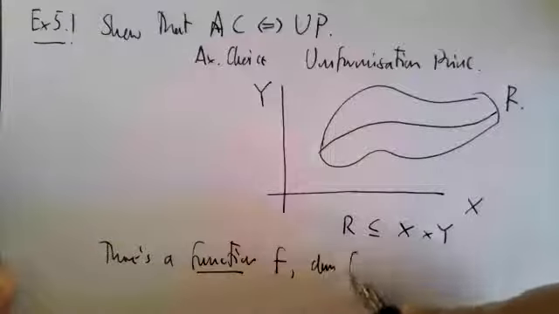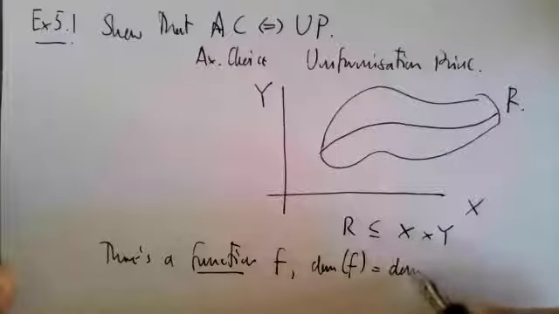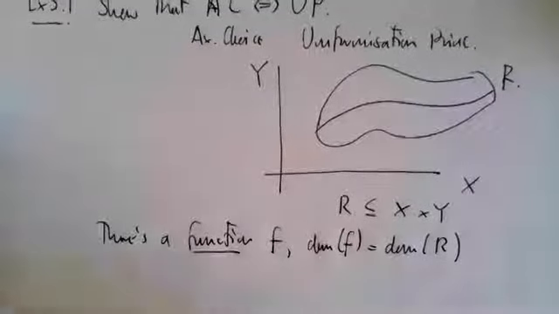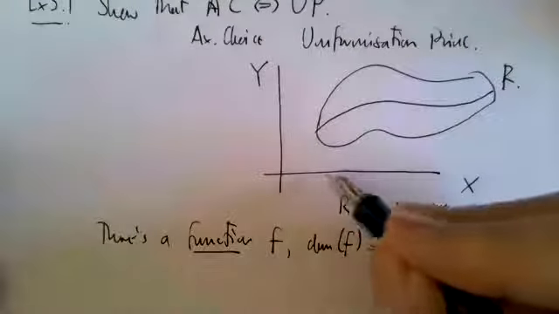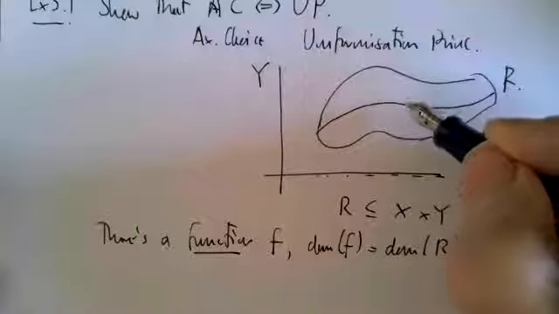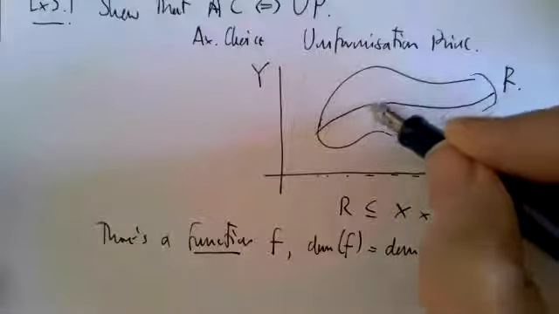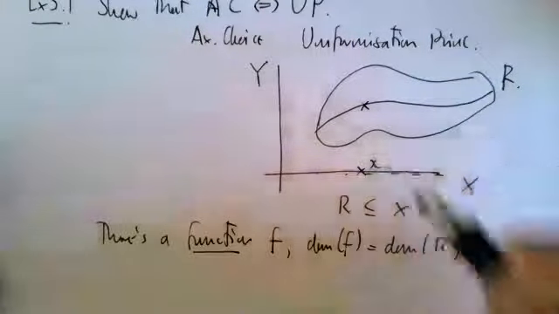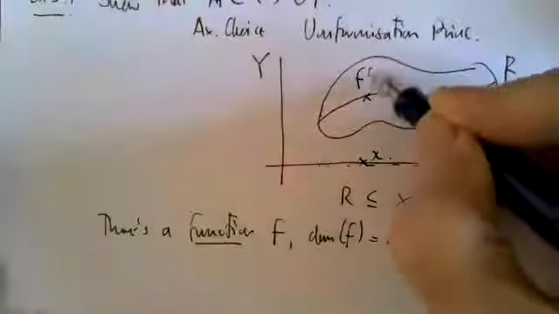So the domain of F is the same as the domain of R here. So for every X for which there is something above it in this region, the function will pick out F of X here.